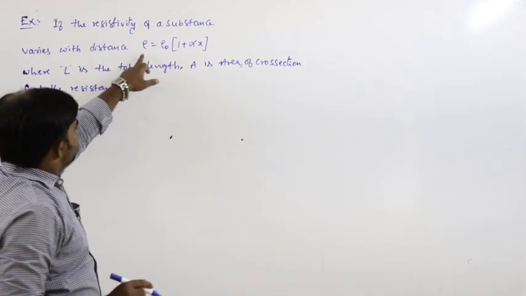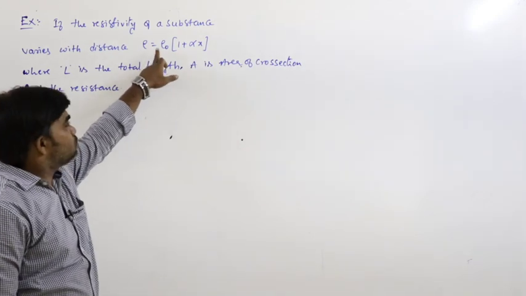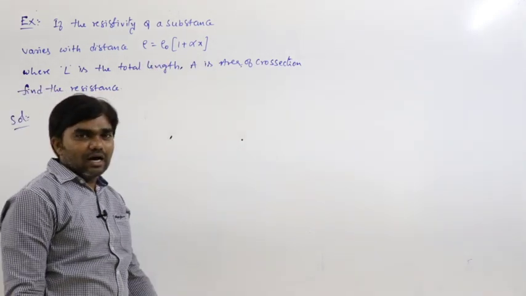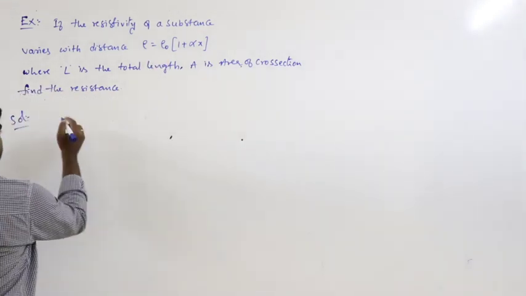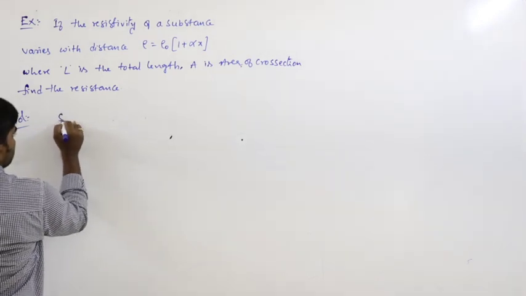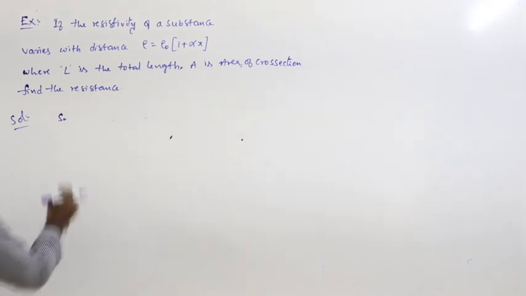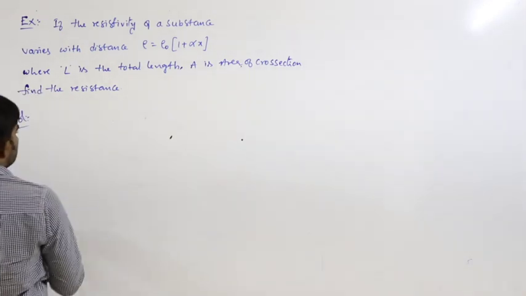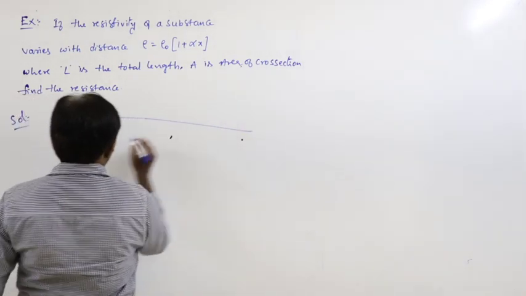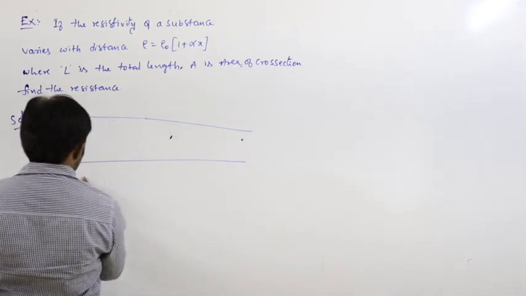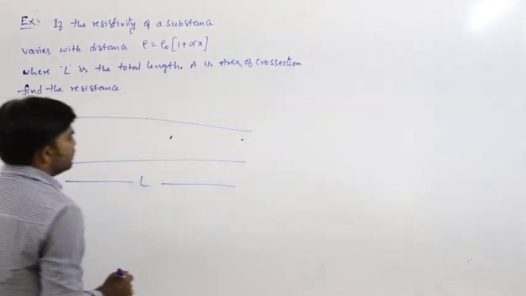Resistivity of the substance varies with the distance, rho is equal to rho naught into 1 plus alpha x. So now here, let us say it is the total length of an object.